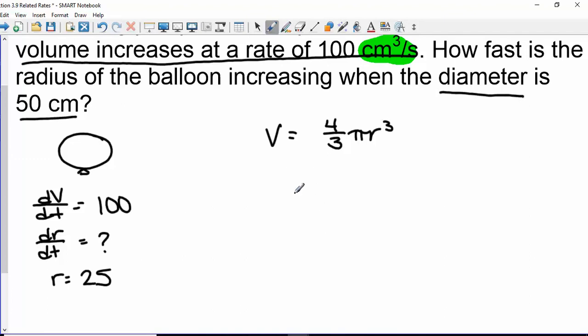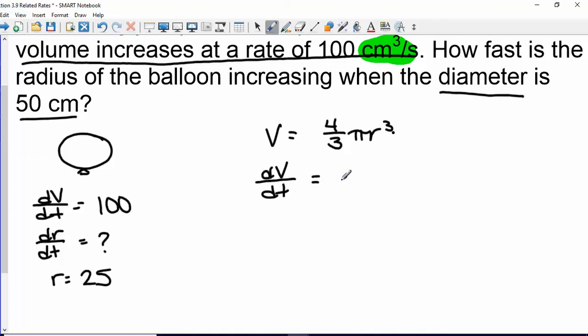So now we need to do the derivative. The derivative of volume would be dV/dt, derivative of volume in terms of time.